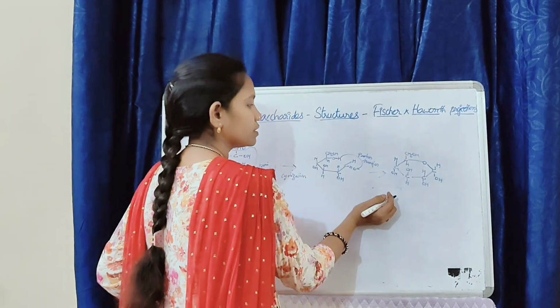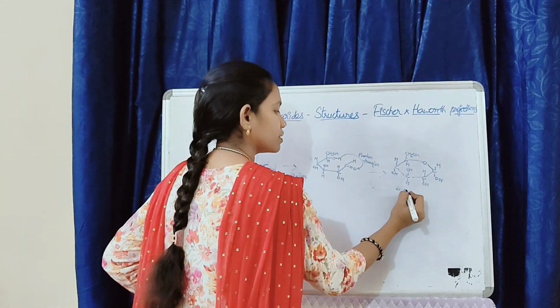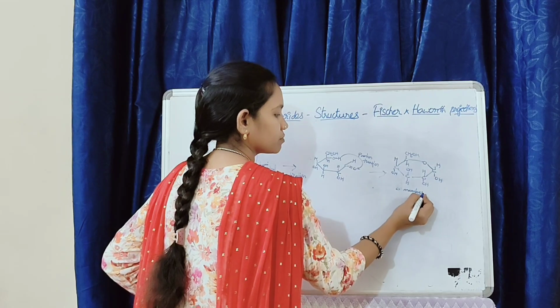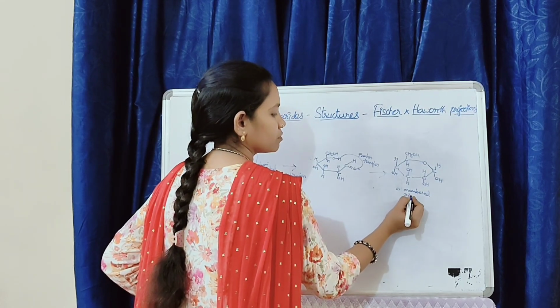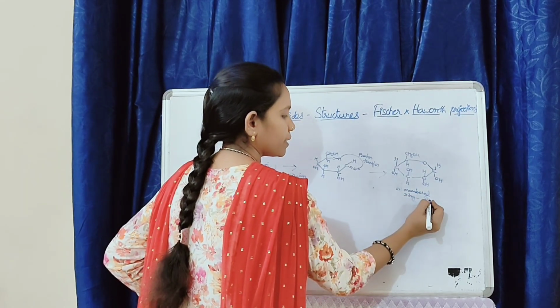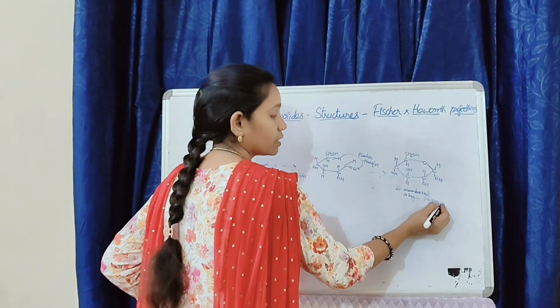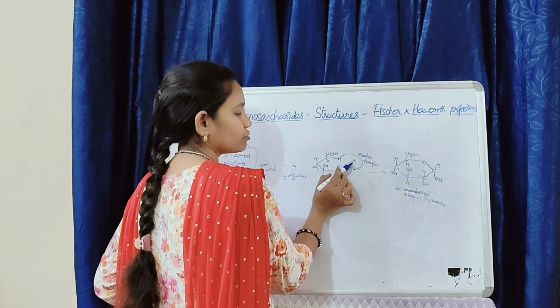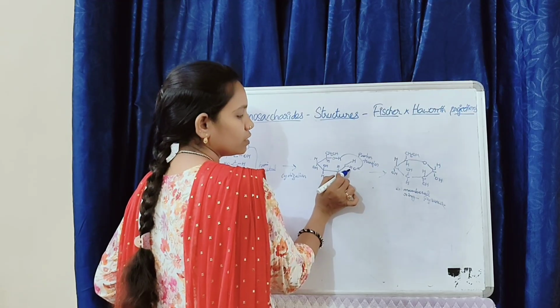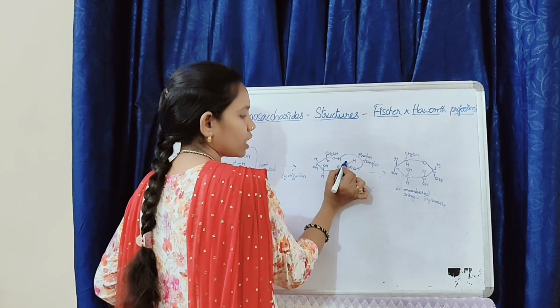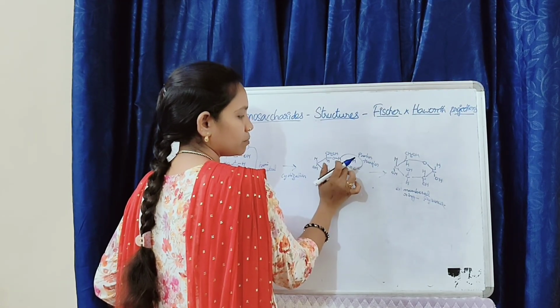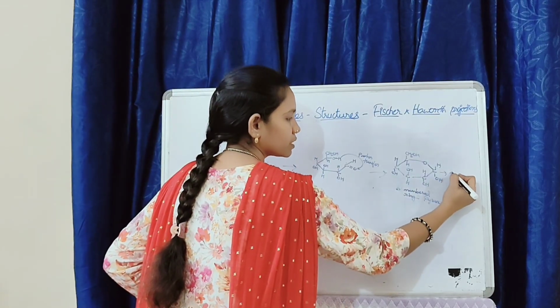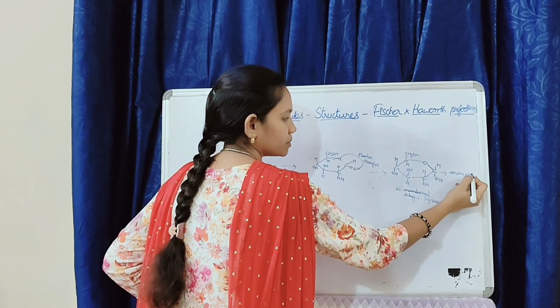Now this is a 6-membered ring. We call it pyranose. So here there is a transfer of proton leading to a new carbon, the anomeric carbon. Now this carbon will become the anomeric carbon.